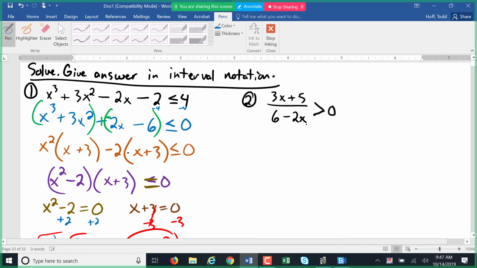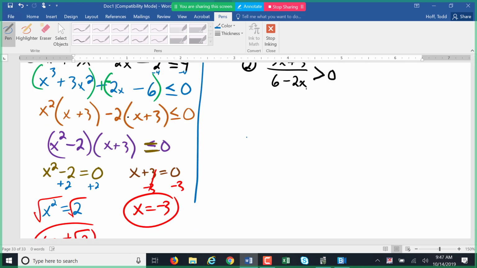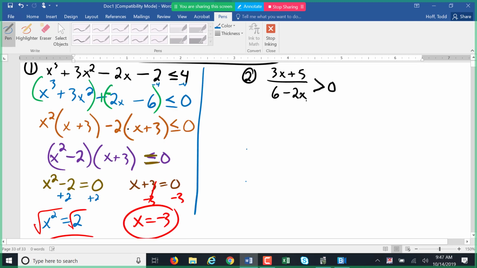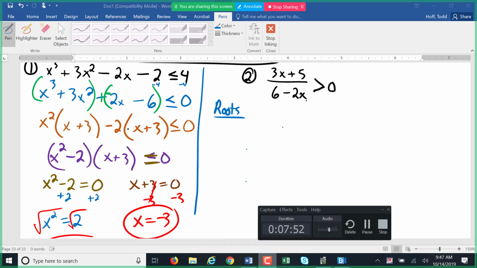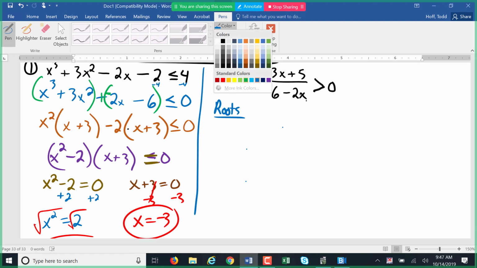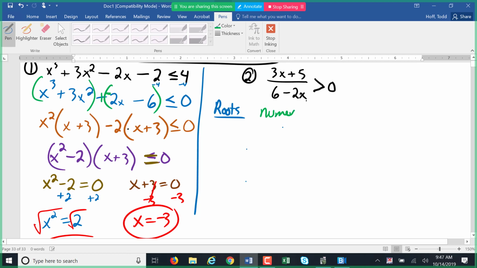So when we're dealing with these rational inequalities, just like with the polynomial inequalities, where all we cared about were the zeros or the roots, over here we care about the roots, but we also have to worry about vertical asymptotes. To find the roots, we use the numerator and set it equal to 0. 3x plus 5 equals 0.